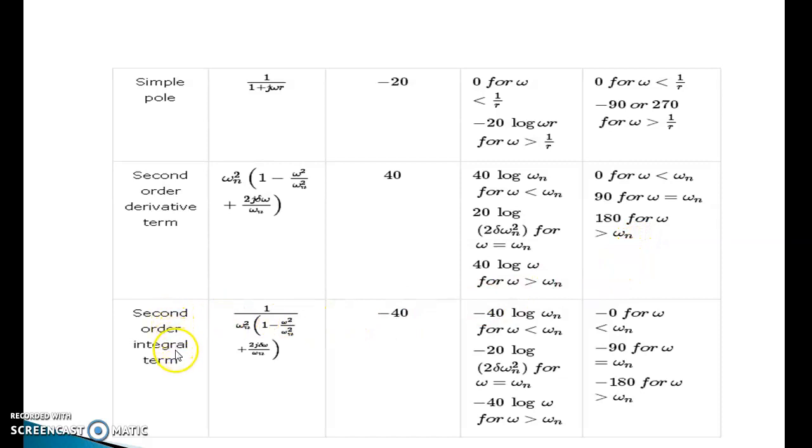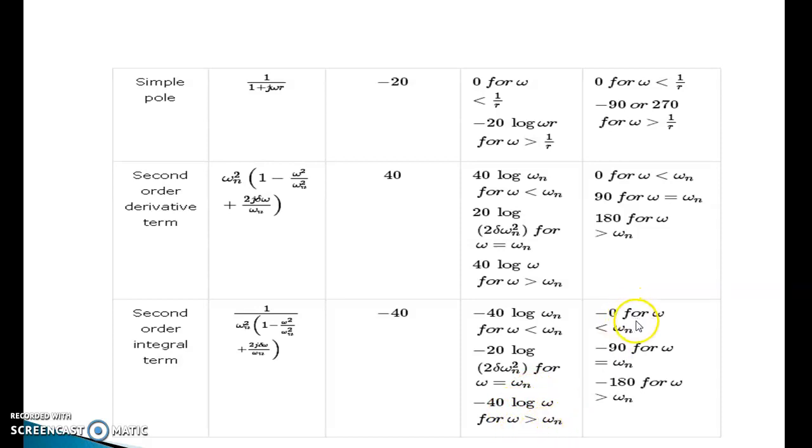Second order integral term, 1 by omega n square whole into 1 minus omega square by omega n square plus 2 zeta omega by omega n. So the slope is minus 40, and the magnitude is minus 40 log omega n for omega less than omega n, minus 20 log 2 zeta omega n square for omega equal to omega n, minus 40 log omega for omega greater than omega n.